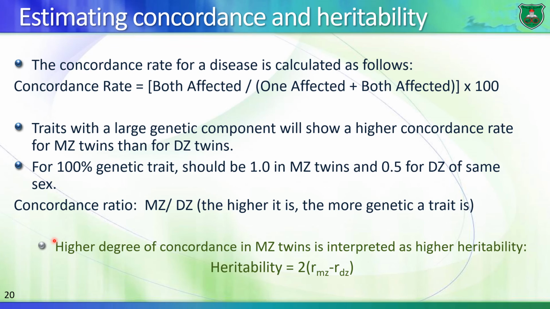How about heritability? There are several formulas. One of them is this in here. Heritability, that is the genetic contribution of a trait, is 2 times the concordance rate for monozygotic twins minus the concordance rate for dizygotic twins.